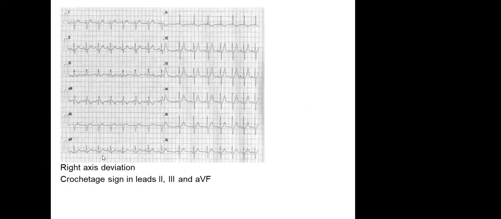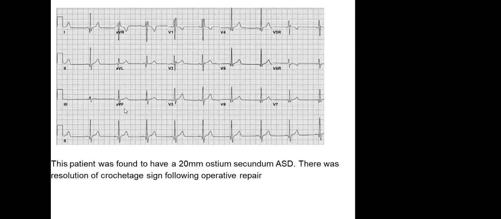In this ECG, you can see that there is right axis deviation. There is crochet sign in lead 2, lead 3, and in aVF. So when you see such an ECG in a 3-year-old, ASD should be at the back of your mind, with associated bundle branch block.